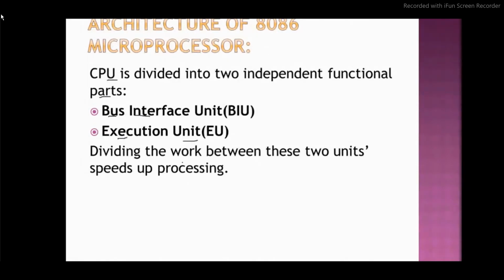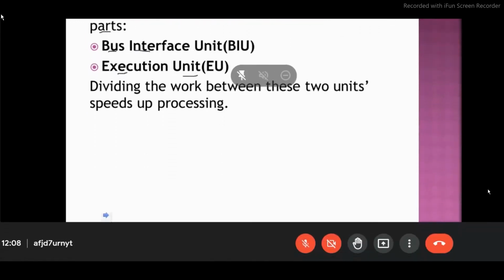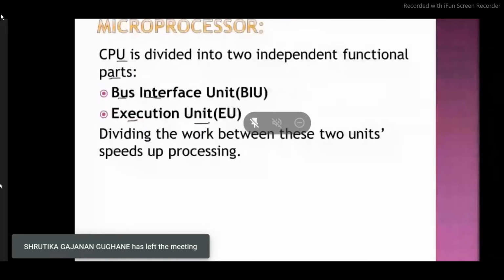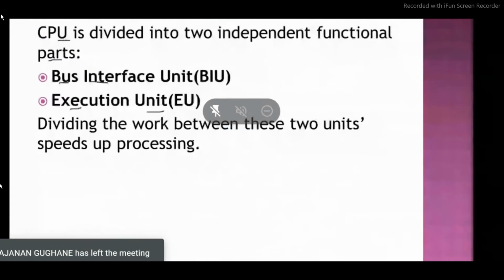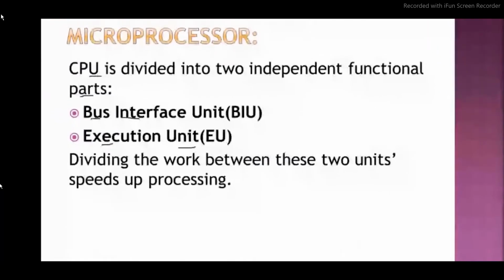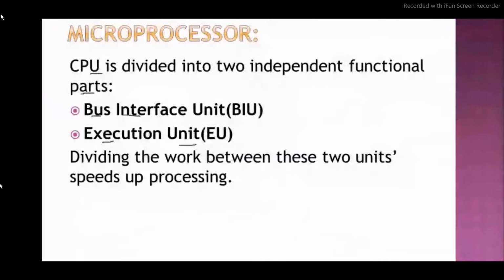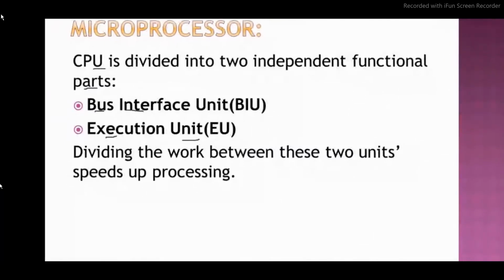Okay, these two units are there in this architecture, and this division of the microprocessor in turn speeds up the processing. The names of the two units you have to remember. This question is important. Bus interface unit and execution unit. Okay, this is the basic architecture.